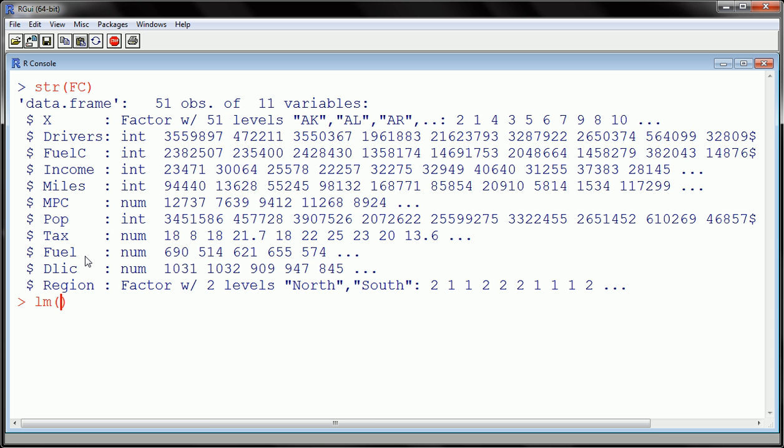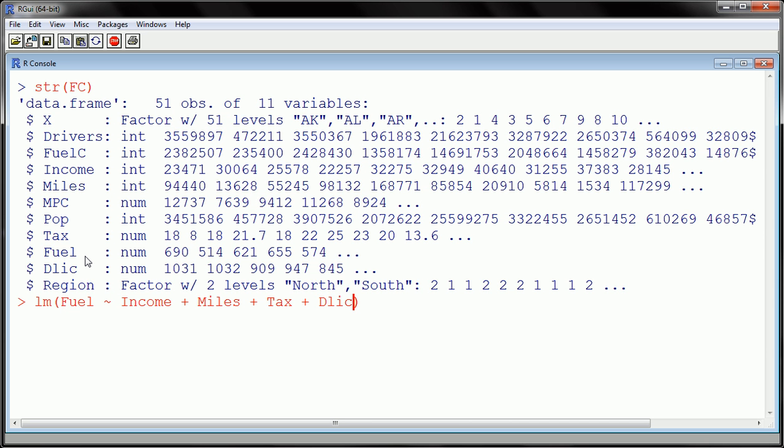First, I will give the dependent feature, so that's fuel, tilde, and now I will list out the independent features, the predictors, the explanatory variables, separating them with plus signs. The order I put these in does not matter. So there's income plus miles plus, by the way, miles is the miles of highway in a state, plus tax. Tax is the gas tax at the pump.